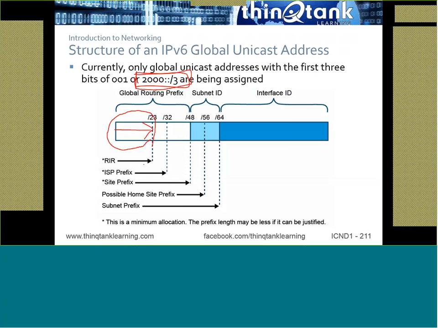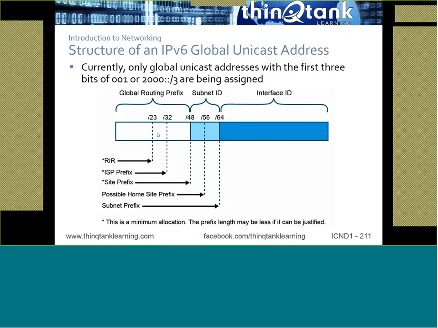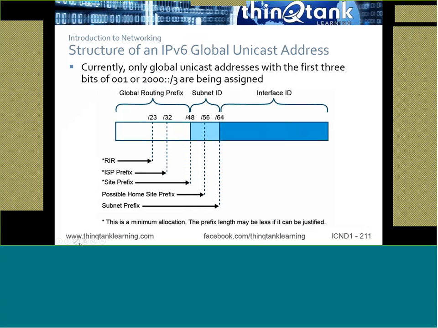Okay. Now, what are the regional internet registries doing with each one of those 1 million subnets? They're subnetting them down even further. They're subnetting them down even further to a /32. How many bits is that? That's 9 bits, isn't it?